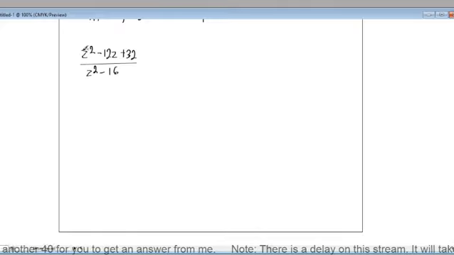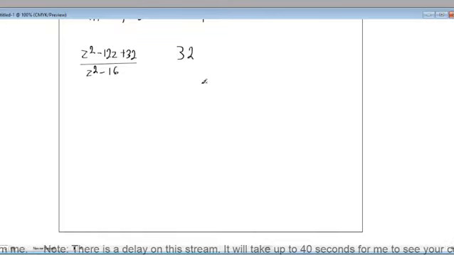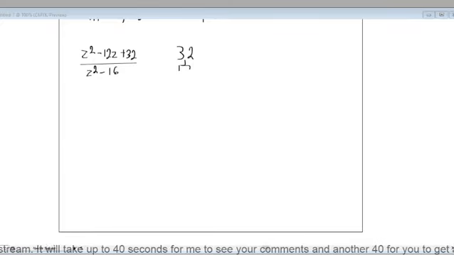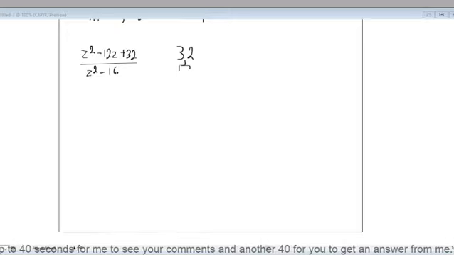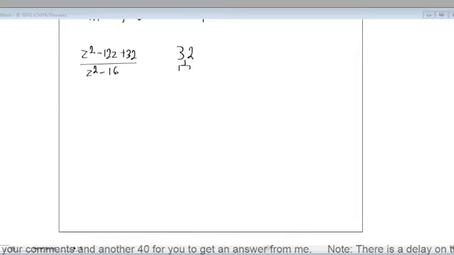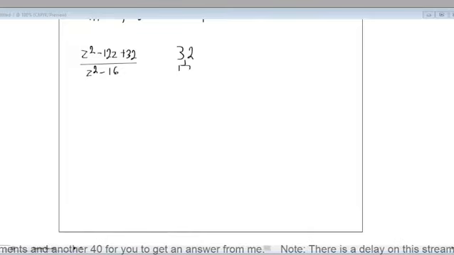So our A is 1, our C is 32, so our AC is going to be 32. And then we need to find factors of 32 that are going to give us negative 12 when we combine them. Okay, so 32 is 2 and 16.